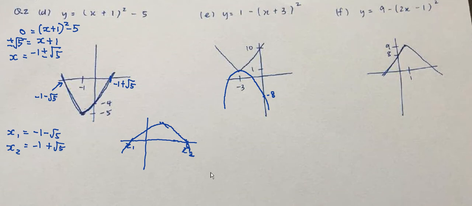Now, for example, if I have another case, let's say this is your maximum point, and your x-intercepts are here, x1 is here and x2 is here. Remember the curve must pass through the maximum point and the x-intercepts.